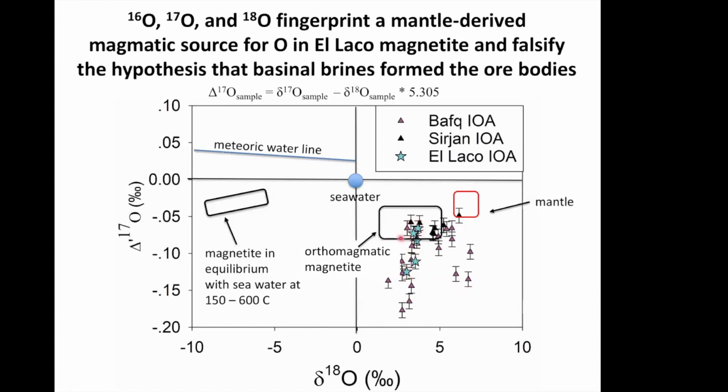And I just want to highlight that the cap delta 17 values here are also consistent with an orthomagmatic growth for magnetite. These data falsify the hypothesis that the magnetite grew from a basinal brine.